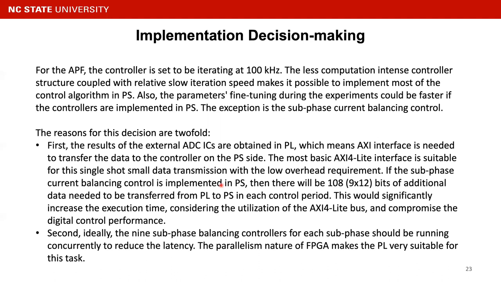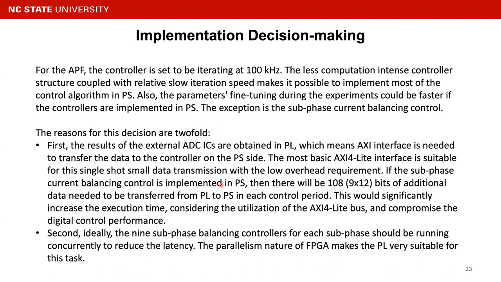As we mentioned before, the very first decision is whether to implement an algorithm in PL or PS. For the active power filter, the controller is set to iterate at 100 kilohertz. The less computation-intense controller structure coupled with this relatively slow iteration speed makes it possible to implement most of the control algorithm in PS.